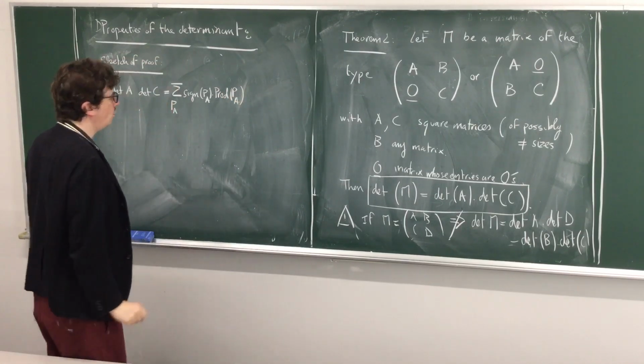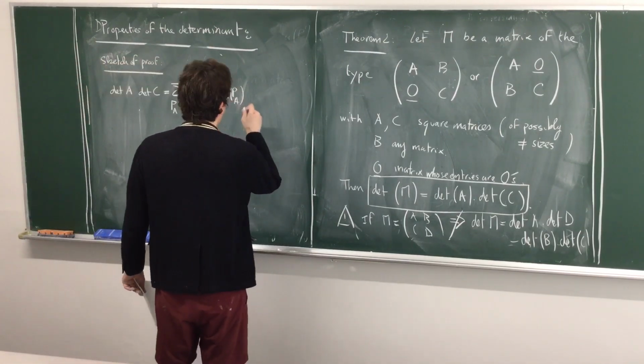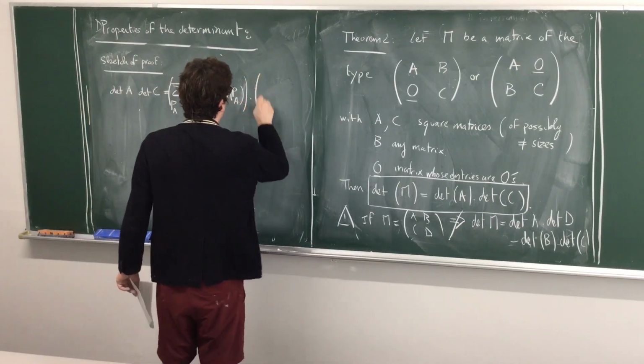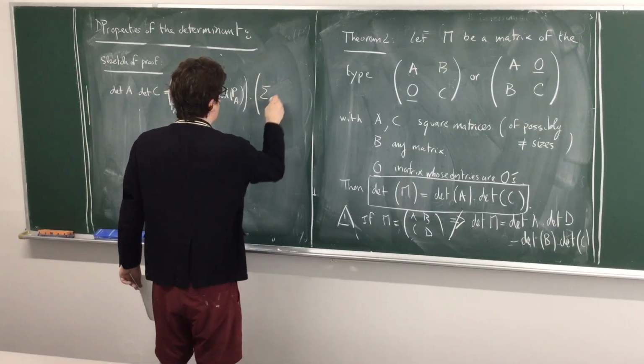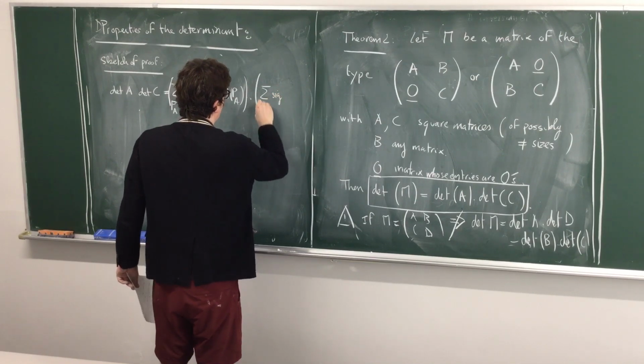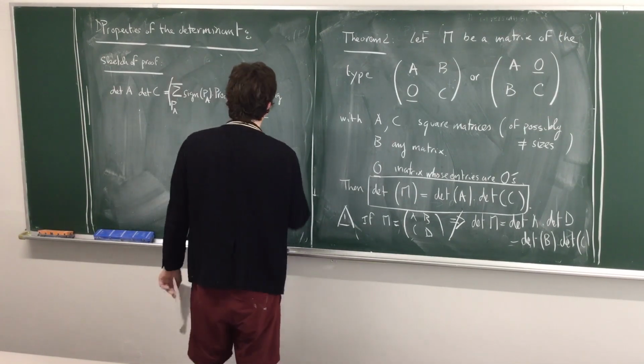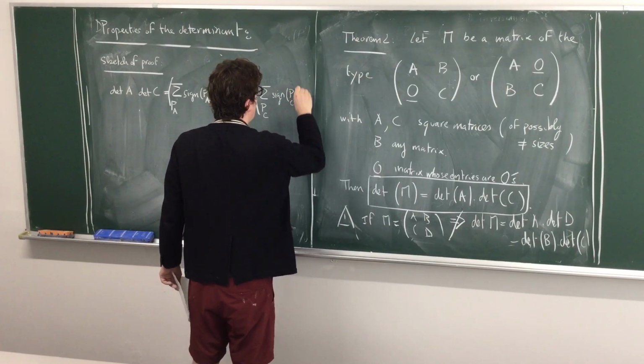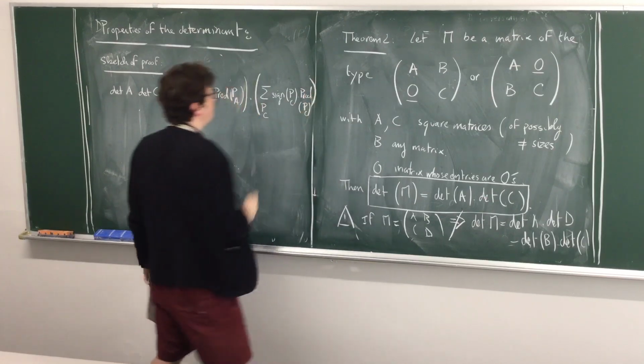So PA are all possible patterns of your matrix A. And then you do the sum over patterns of the matrix C of the sign of this pattern PC times the product of this pattern PC.